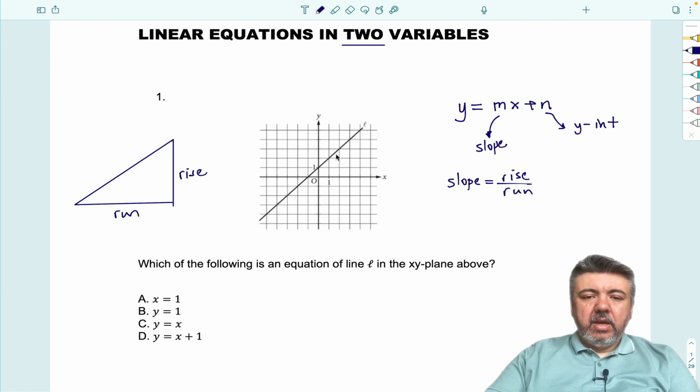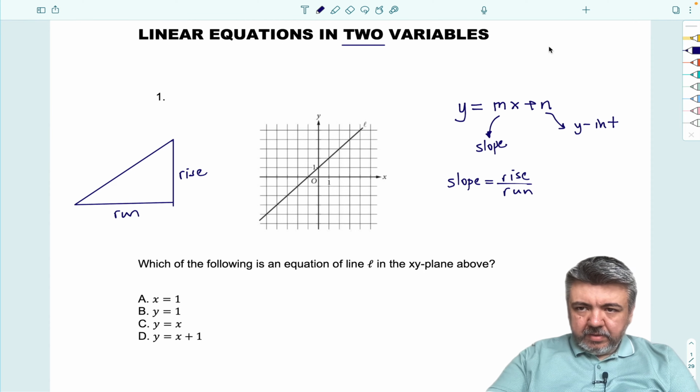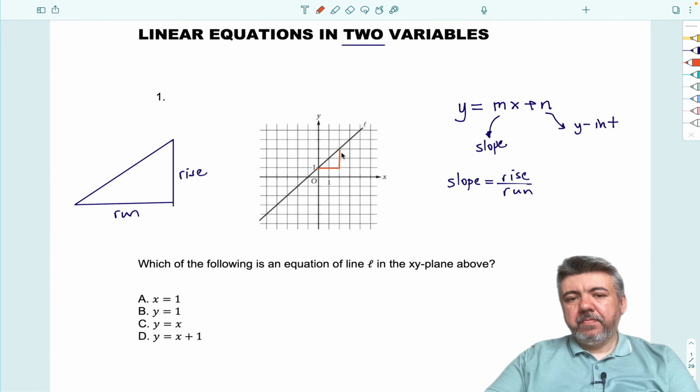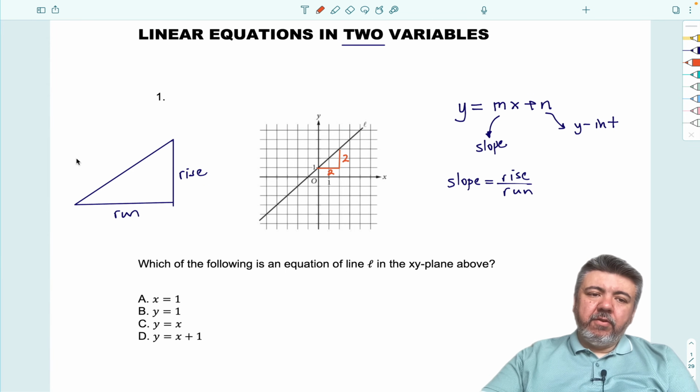Rise over run. In our example, let us see. This is a run, for example, 2 units, and rise is 2 units. Okay? 2 over 2. When it's increasing from left to right, it's a positive slope.